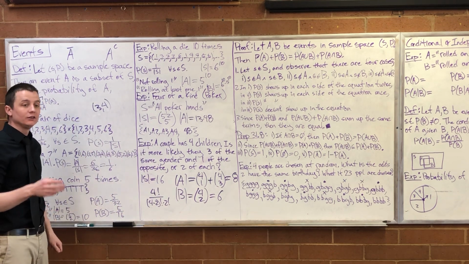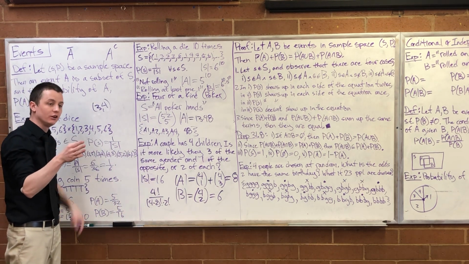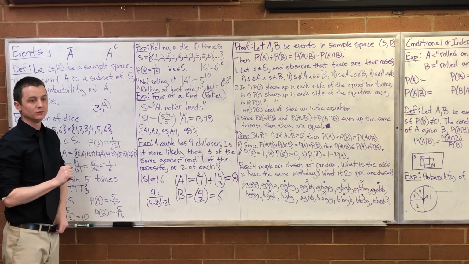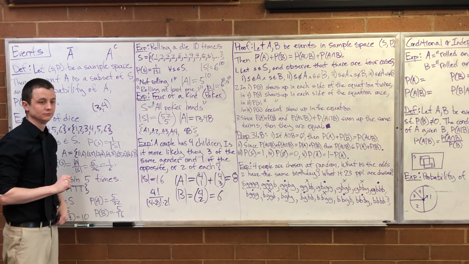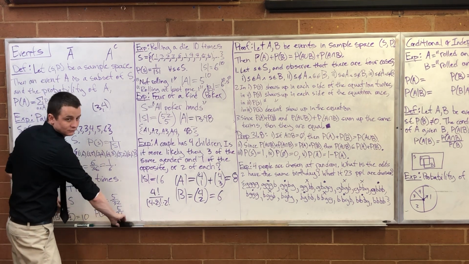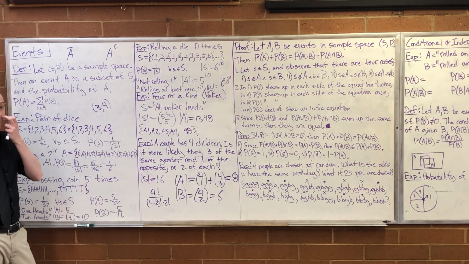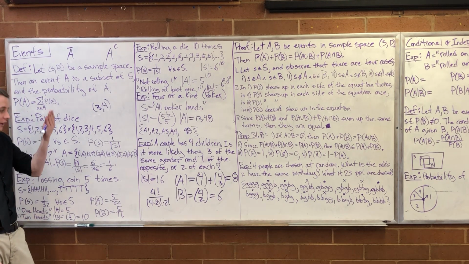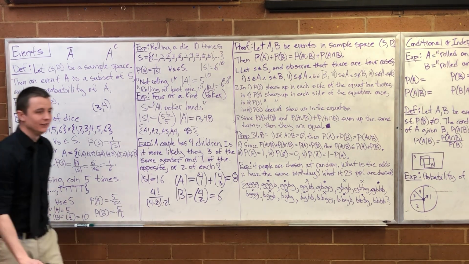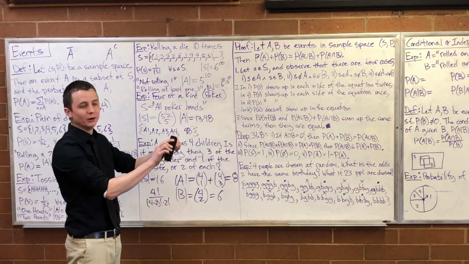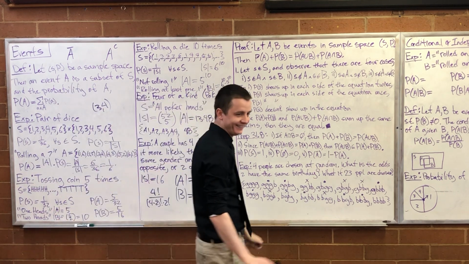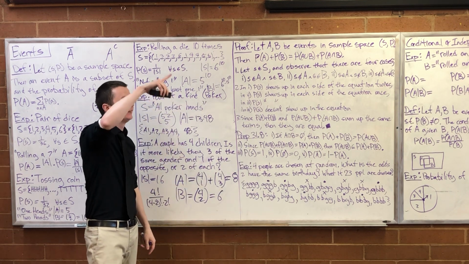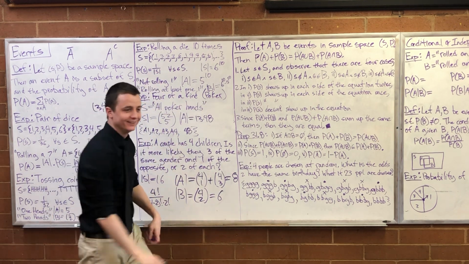It's more likely that you will have 3 kids of one gender and 1 of the other than you'll have 2 of each. Interesting. It is weird. It's weird if you don't think about it too much, but then you think about it more and you're like, no, that makes sense.